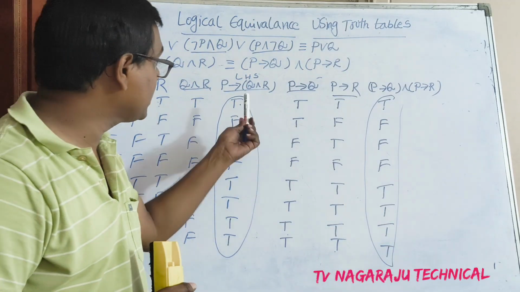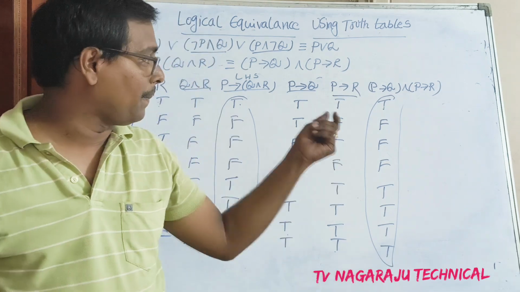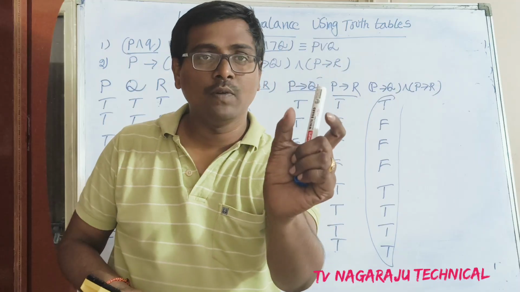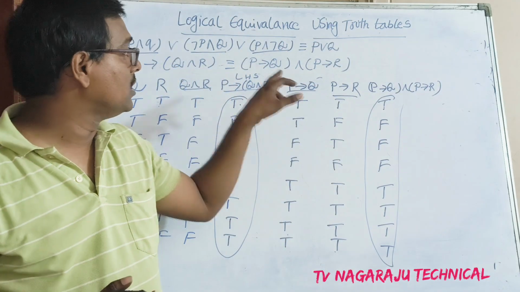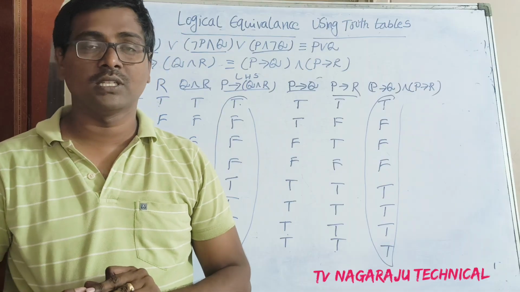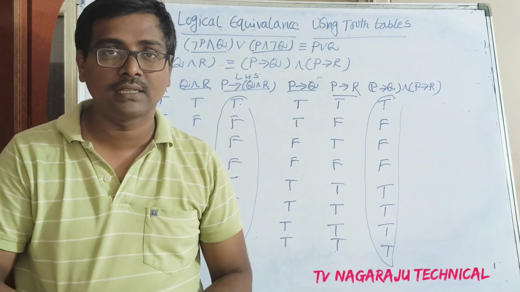If both expressions contain the same truth values, and you apply the biconditional, what happens? It is a tautology. Why? If the truth values are the same, the result is true. These two expressions are logically equivalent expressions. Clear? This is the concept of logical equivalence. Thank you.